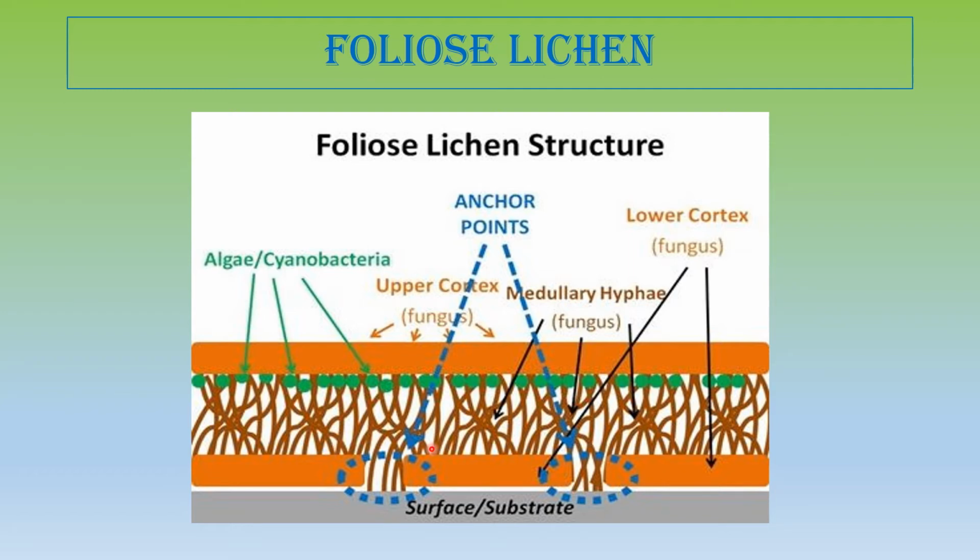Also, the fungal hyphae attach to the substrate through these pores. So foliose lichen is the only lichen which has both an upper and a lower cortex, which is a very important point to remember. These pores act as breathing pores as well as anchor points.